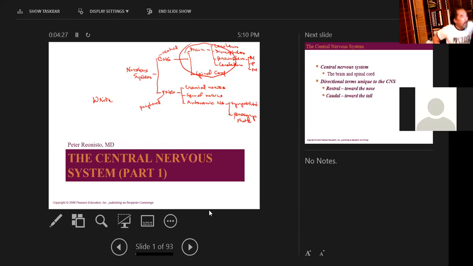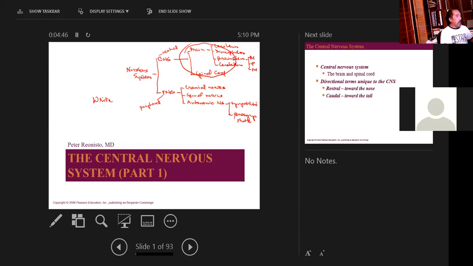Okay, so we're going to be concentrating on the system called CNS today, and we're going to start with the spinal cord. So we're starting from the bottom, and then we're going up into the brain. Okay, and that's actually the part one that we have here, the central nervous system.